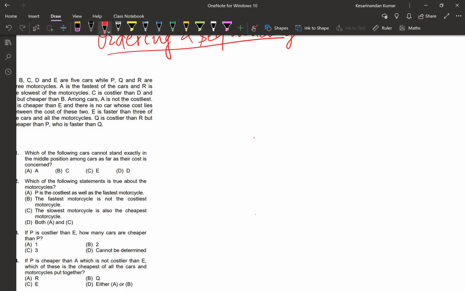Let's say five people have been arranged according to their height, and let's say their actual order is A, B, C, D, E, where A is the tallest and E is the shortest. So this is the arrangement.